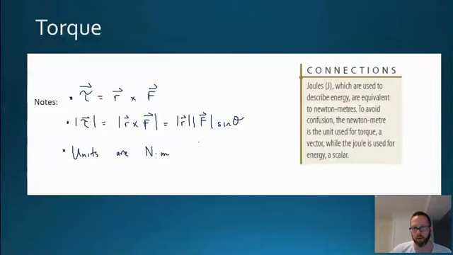However, when we use joules to talk about energy or work, the transfer of energy, torque is actually a vector. So a lot of times when we talk about torque, we'll use the units of Newton meters because it's a vector. With energy, work, since it's a scalar, often we use joules for that.